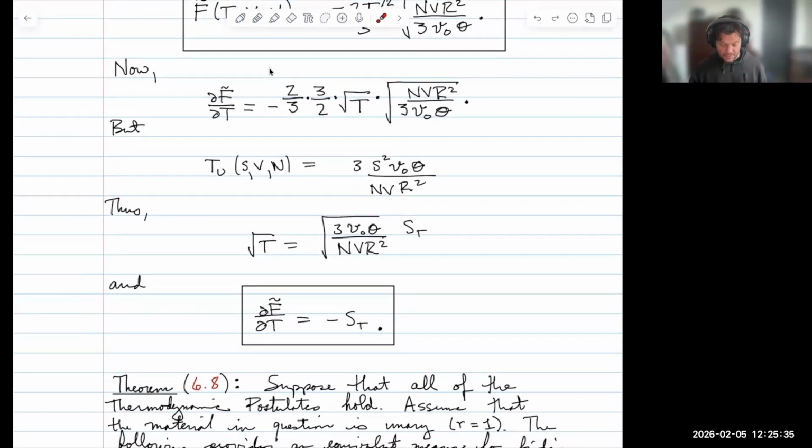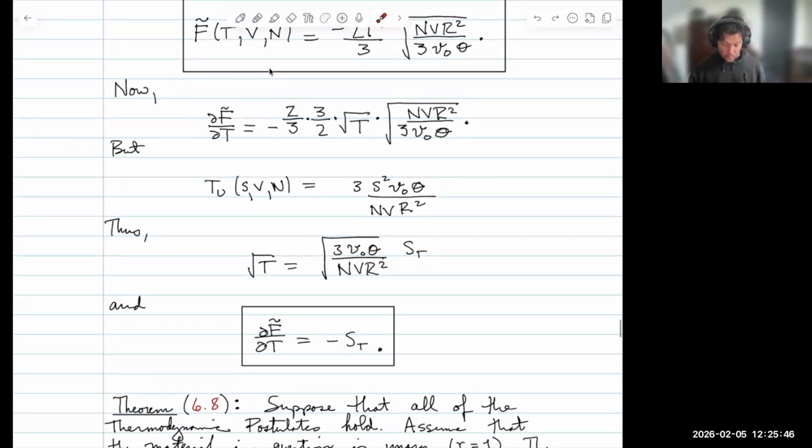ST was equal to, well, we had the relationship above. ST is basically proportional to the square root of temperature. So what you can show is that this object here is just ST. Okay, you can see that pretty clearly here.